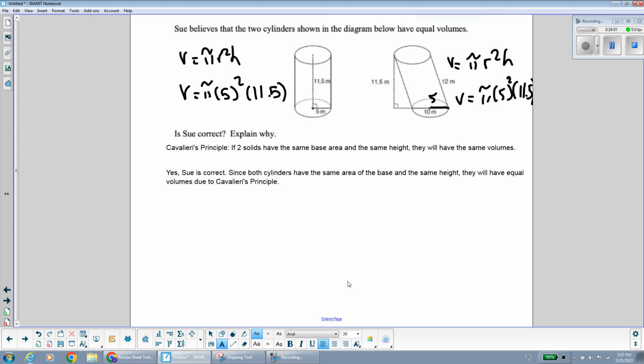And that answers the question. If you think about it for a second, we find volume by doing area of the base times the height. So even if two things don't look exactly the same, if they have the same area of the base and the same height, then they are going to end up having the same volumes.